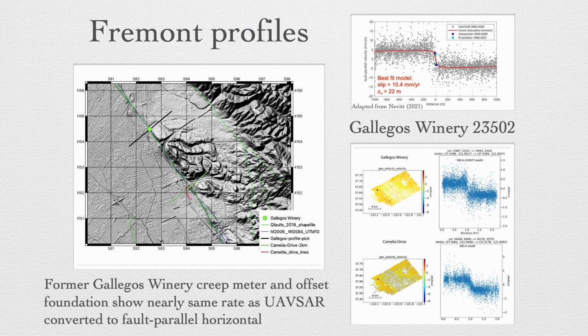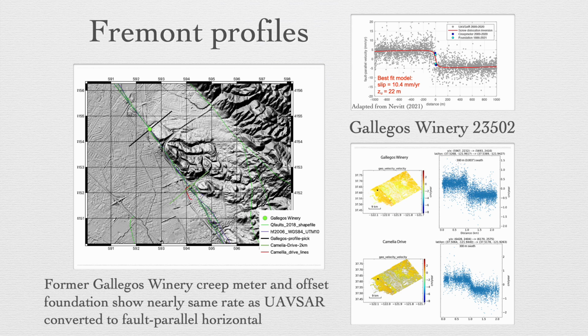On the top right, I show a plot of a profile through the UAVSAR data shown by the light gray dots, and compare that to a fit to the creep meter data shown by the dark blue dots, and the foundation offset rate shown by these cyan dots.